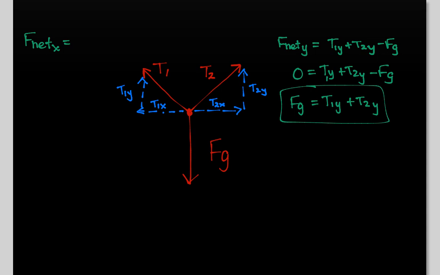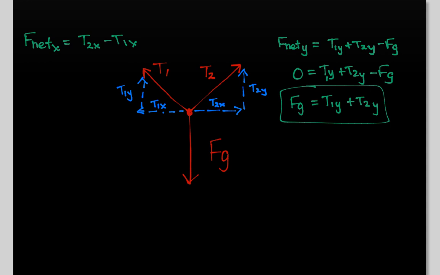So, because I don't really know anything about their relative sizes, I'm just going to put the T2x as a positive and the T1x as a negative because it's right and left. You guys okay with that one?